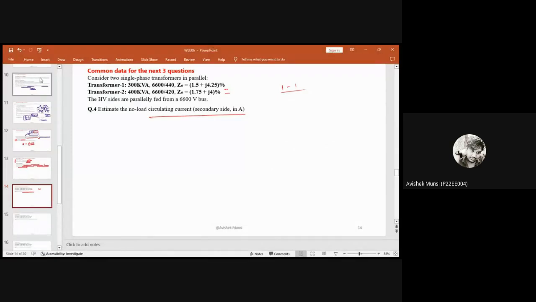Let me solve this one. See here, the impedance of the transformer referred to the LV side, Z1, can be calculated as the total impedance: the power at the secondary side, that is 440 volts, and the power, that is 300 kVA, by 440.